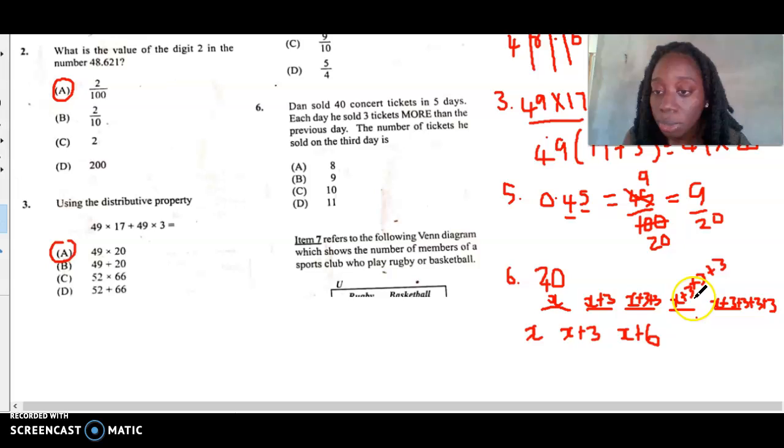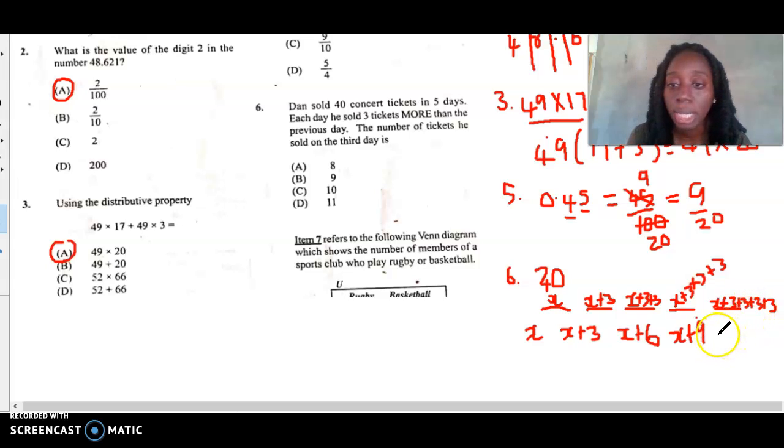Then 6 and 3 is 9, so X plus 9. And on day 5 he would sell X plus 12.